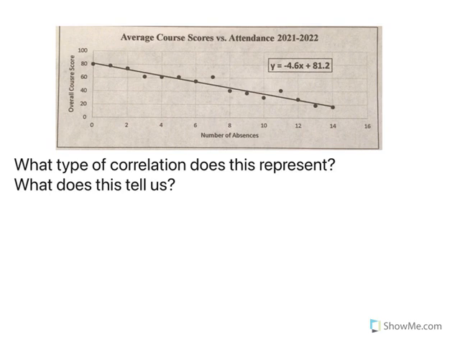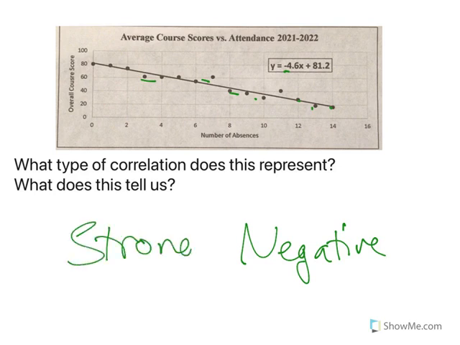Well, we know that our slope is negative, so I would say it's definitely negative. Would you say this is strong? Is it moderate? Well, I mean, the majority of these dots are really close. So I'm going to say this is a strong negative correlation. And what does this tell us?